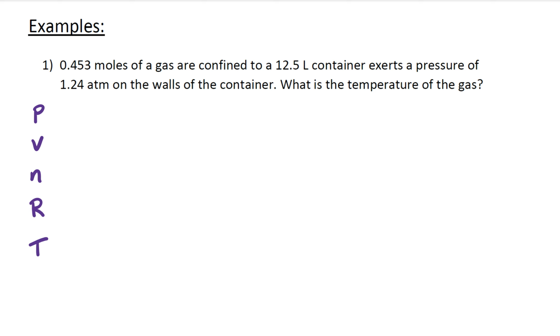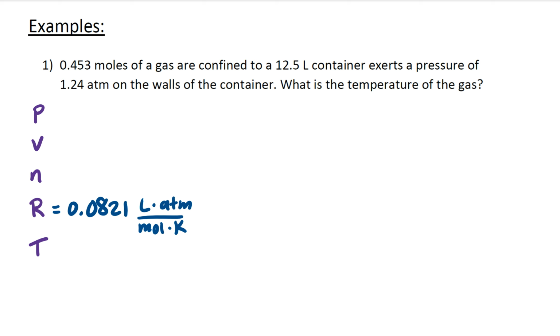Now I'm going to go ahead and plug in the numbers that I know. And the first one that I'm always going to plug in is R. Because R is that constant, I will always know the value of R. It's 0.0821 liters times atmospheres all over moles times Kelvin. And then I'm just going to go through the rest of the problem and start recording my information and labeling.